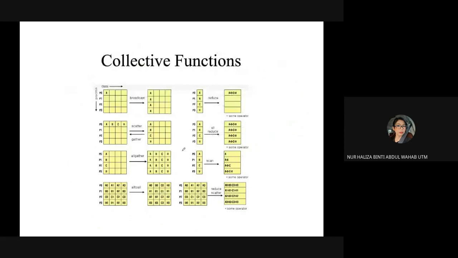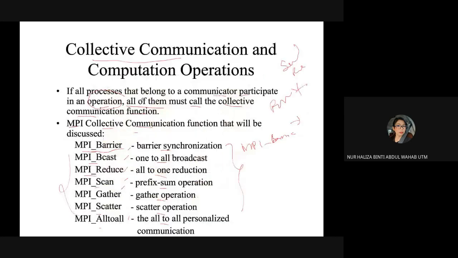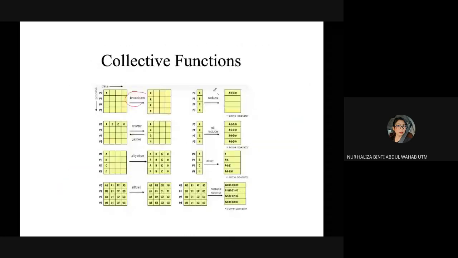You can see here the collective functions: broadcast, MPI reduce, MPI all reduce, MPI scan, MPI scatter, gather, all to all, reduce scatter. These are all collective communication functions.